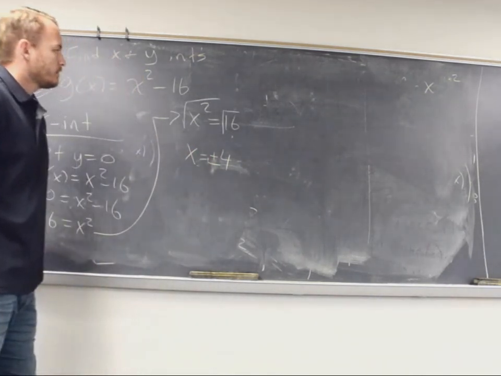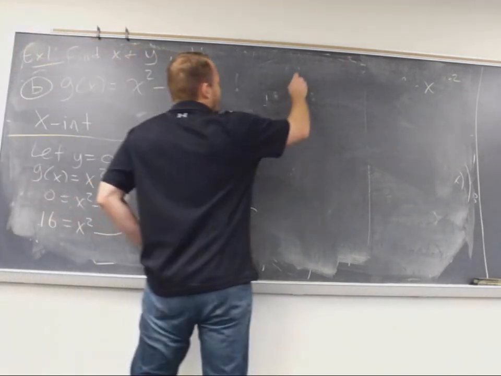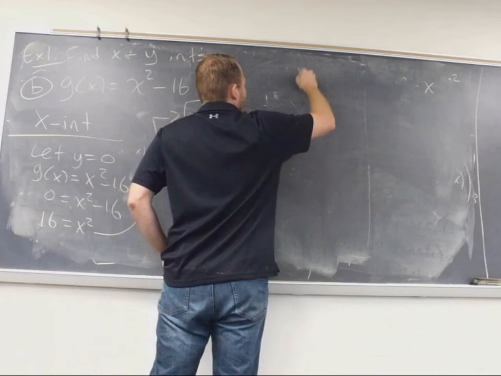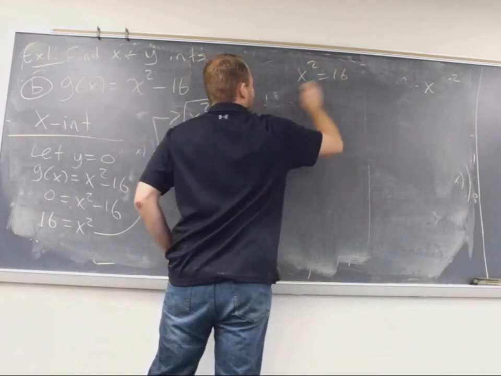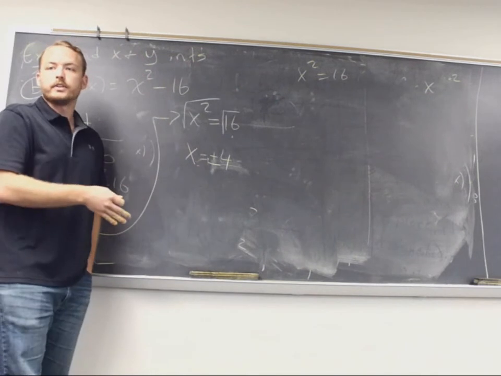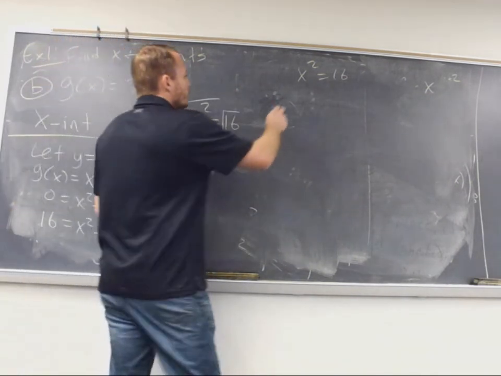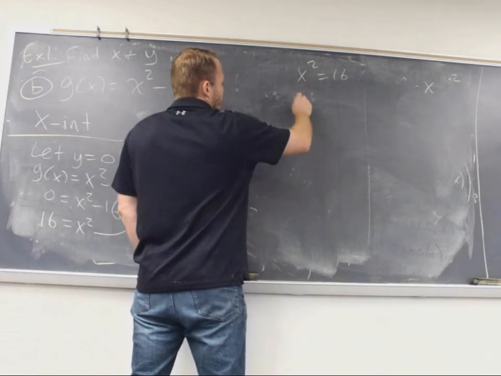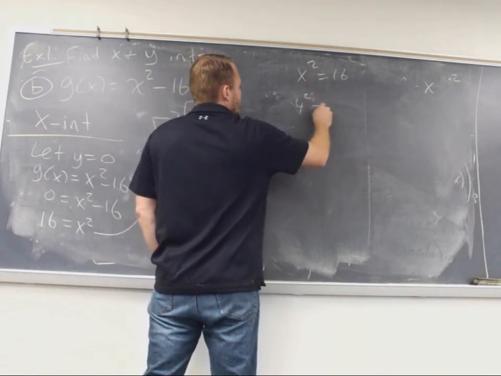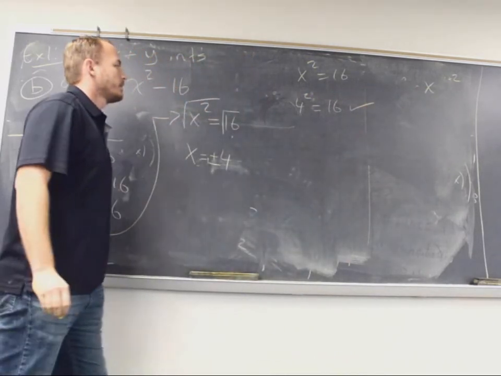Why is that? Just so you can help wrap your head around it. So let's say I had x squared is equal to 16. What I want to do is plug in 4 and negative 4 for x, and I want to see if they actually equal 16. So let's do 4 first. 4 squared is equal to 16. So that one checks out.